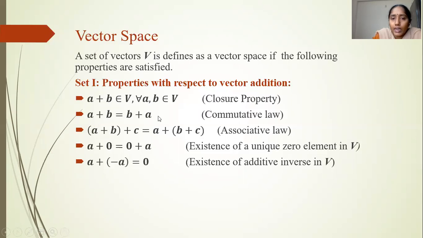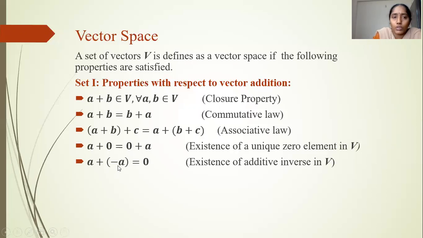It satisfies the commutative property, A plus B is equal to B plus A, and the associativity law with respect to addition, A plus B plus C is equal to A plus B plus C, and A plus 0 is equal to 0 plus A. Here 0 is called the vector identity, which is the identity element with respect to addition. A plus minus A is equal to 0, that means an additive inverse.